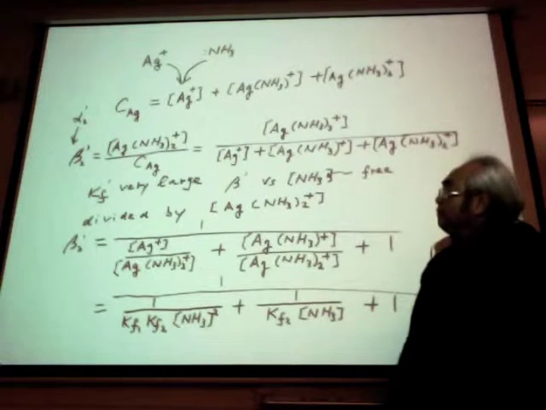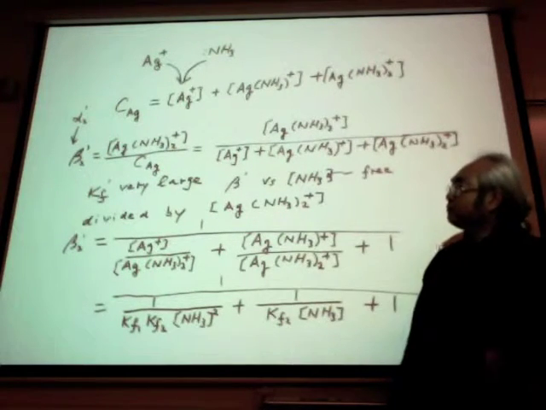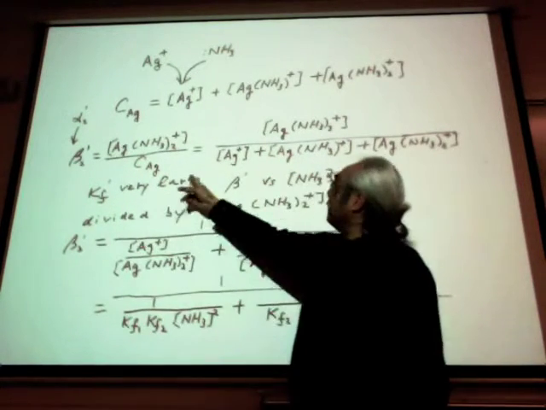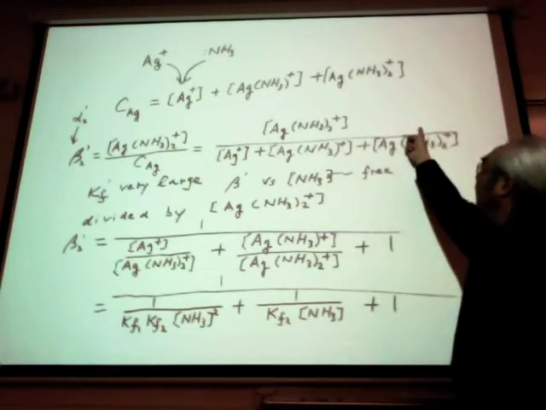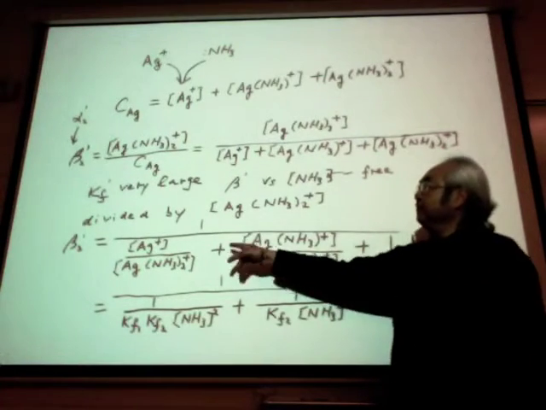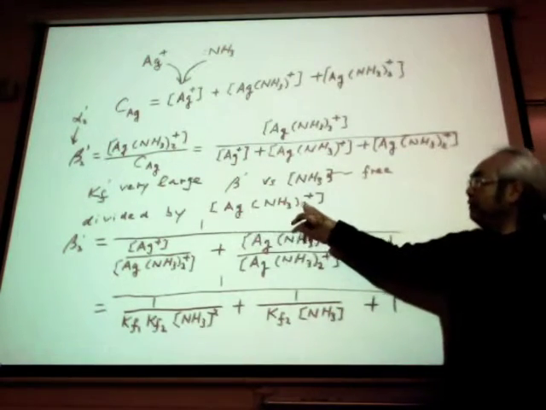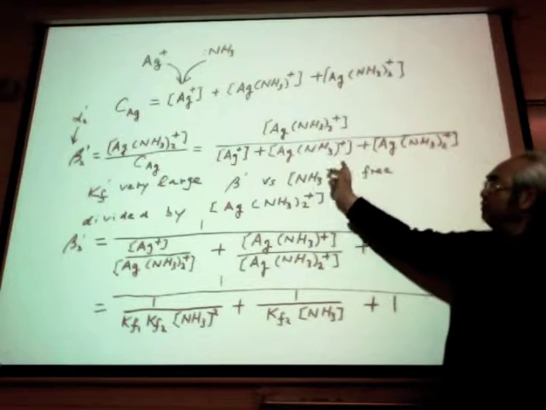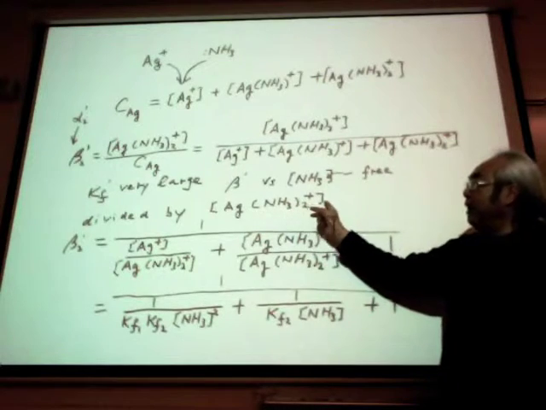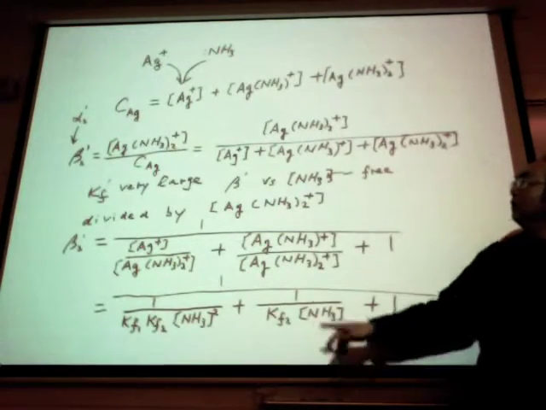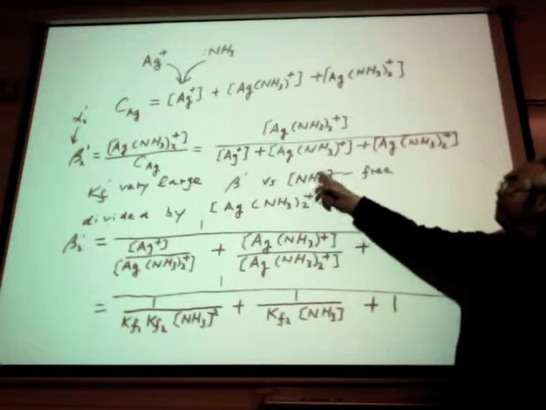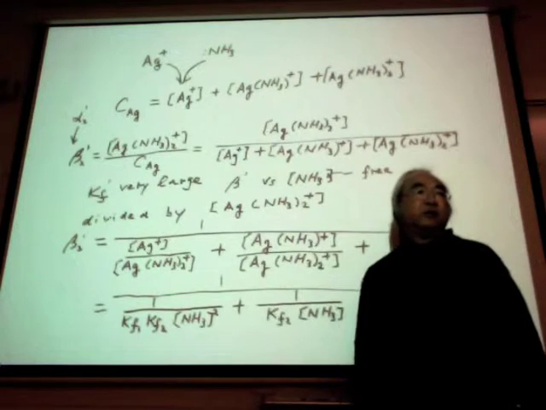Okay, so the derivation is like this. You are interested in the beta 2 fraction, which is right here. Then algebraically, you just divide all the parameters by the species of interest, which is the 2 complex. The top one divided by itself is of course equal to 1.